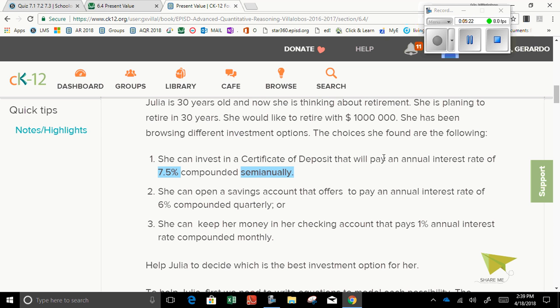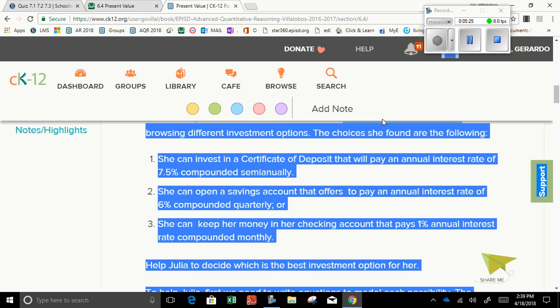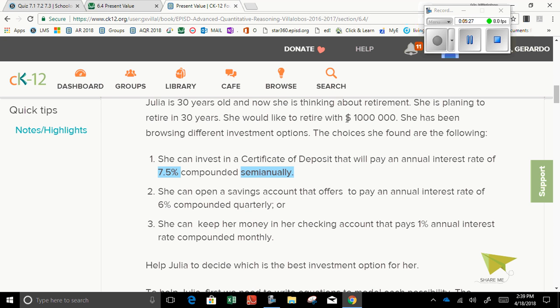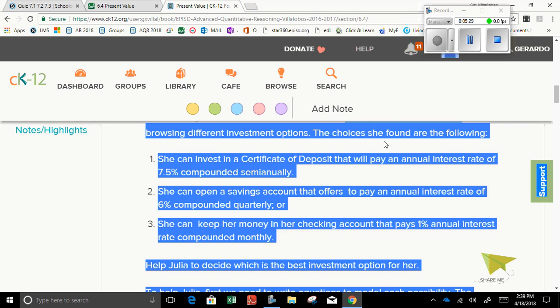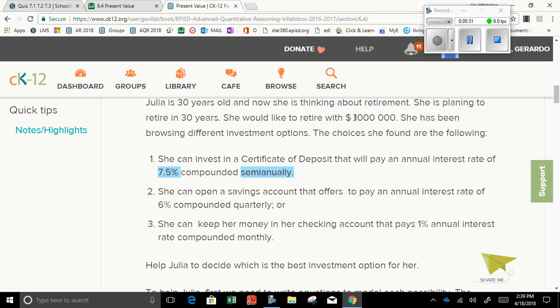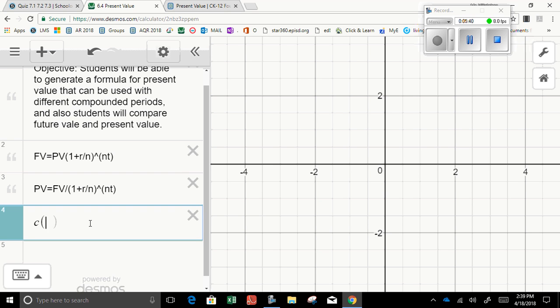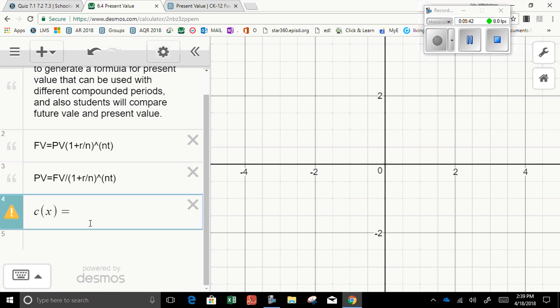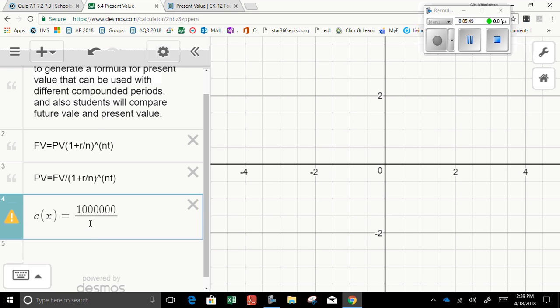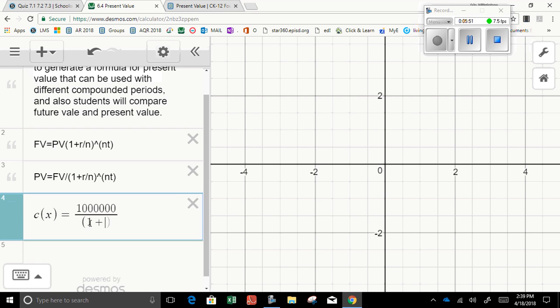And 30 years, right? And how much is she going to start with? No, that's what she wants to get, right? She's starting. So the trick is this. The present value function for the CD is the goal that she wants, 1, 2, 3, 4, 5, 6, divided by the terms, which is 1 plus, what was her r?